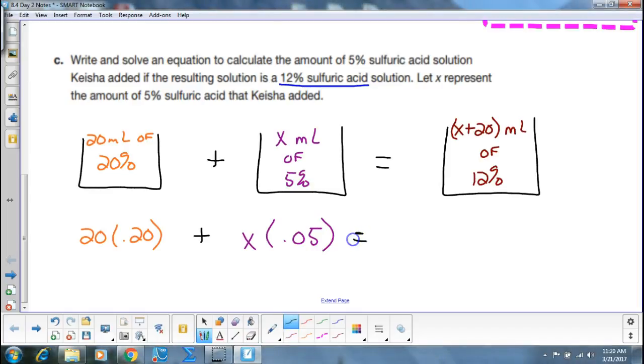And that's going to equal, over here, I had X plus 20 milliliters, and I want that at a 0.12 concentration. Okay. Now let's do some math.